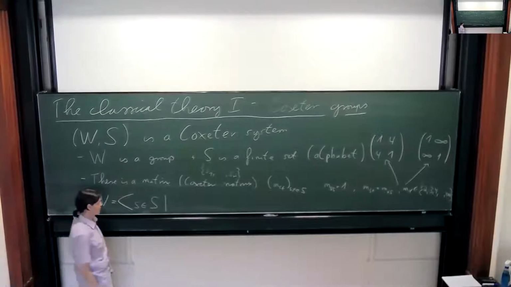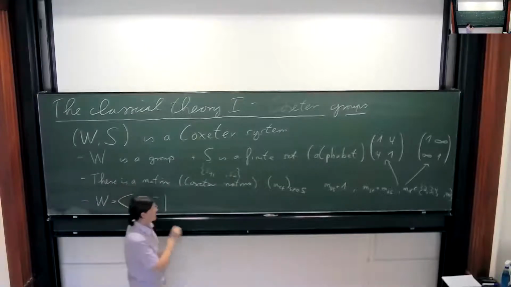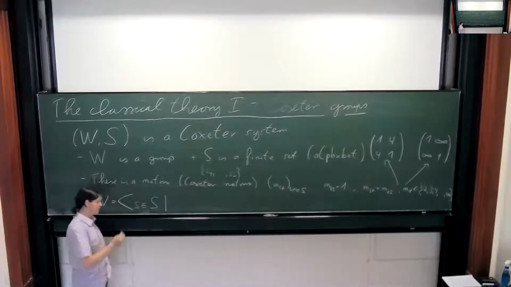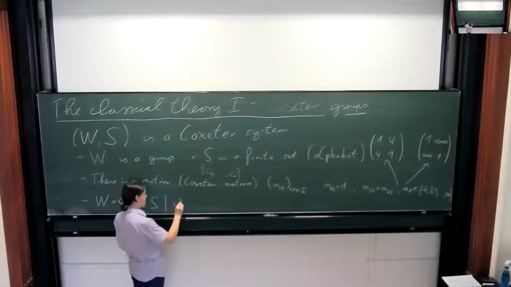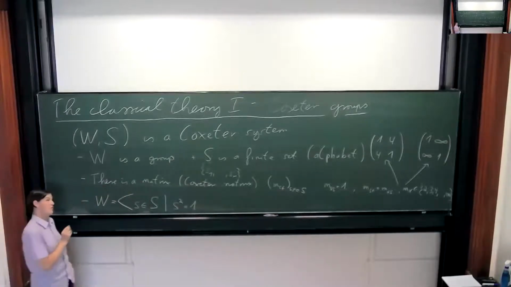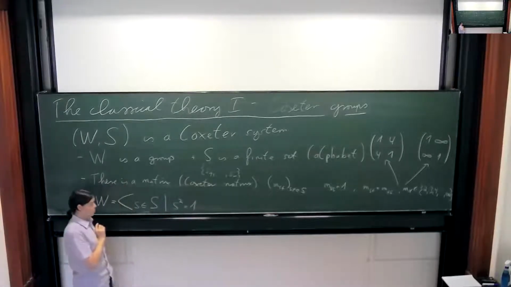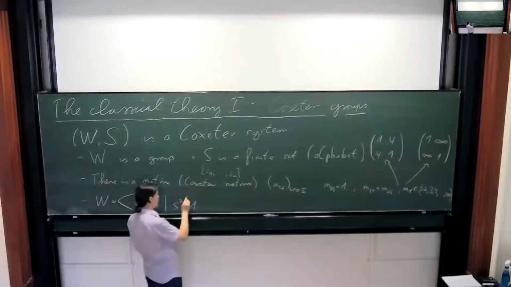We'll see an explicit example in a second. And those elements, the Coxeter matrix, this tells you the relations. So you have two types of relations. Each generator squares to 1. You will see a geometric interpretation of that maybe in 30 minutes. Okay, good. This is called the reflection equation or the quadratic equation.